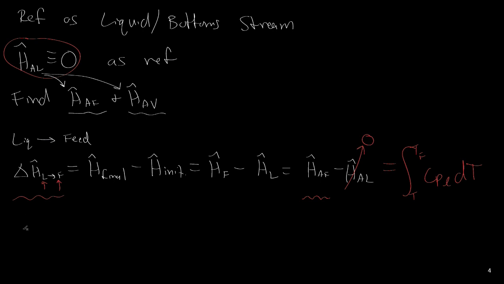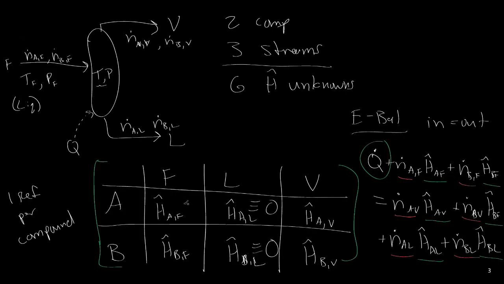The number that we will be filling into our table, this unknown H hat AF, if we go back and take a look at it here, is the value we are in the process of calculating right here. And again, the exact same process could be applied for the B stream as well.